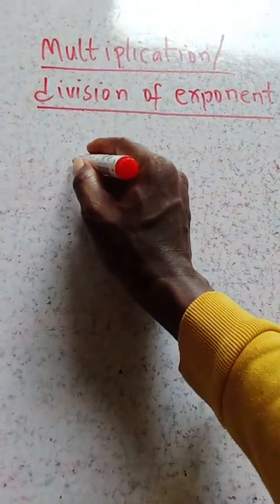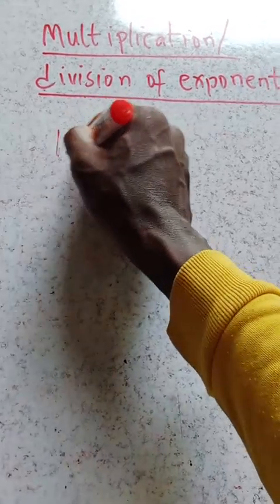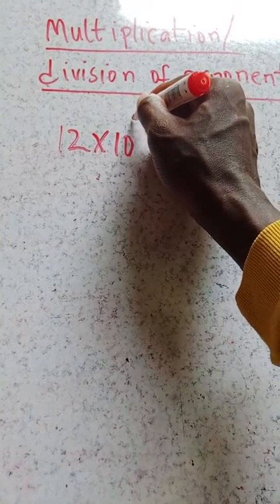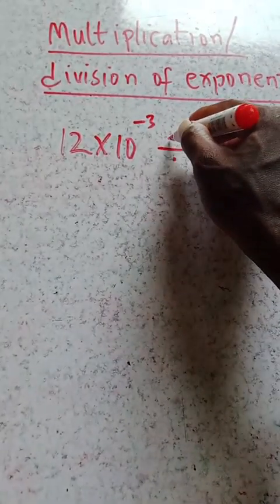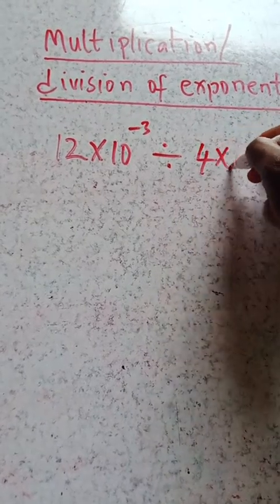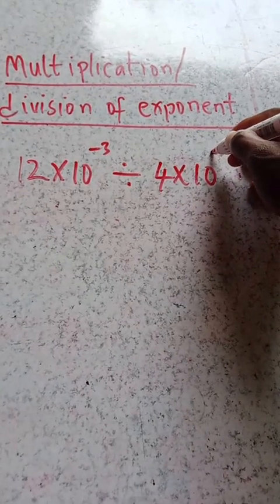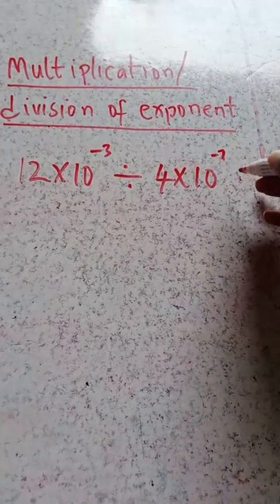Or if you have something like this again, let's say 12 times 10 raised to the power of minus 3, dividing maybe 4 times 10 to the power of minus 7, for instance.